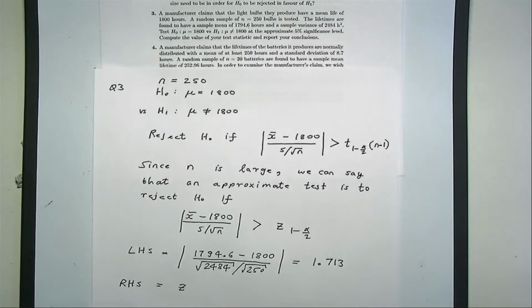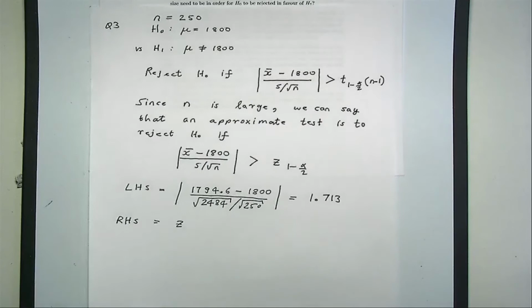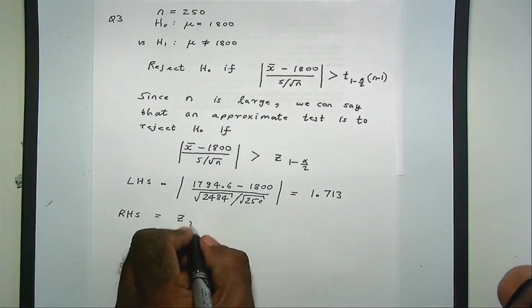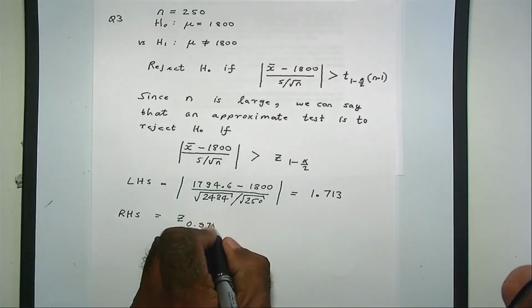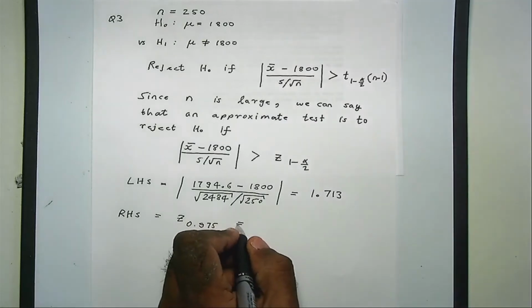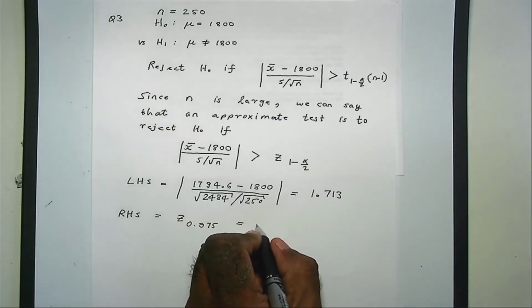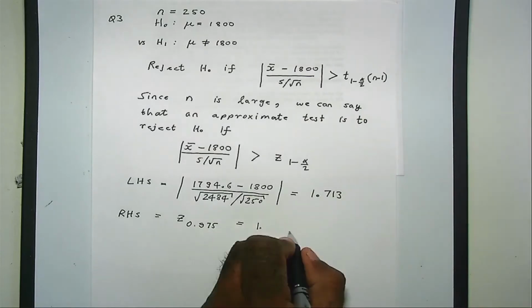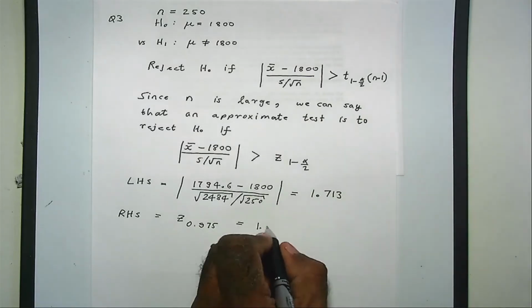The right-hand side is z. Alpha is 5%, so alpha over 2 gives 0.975. If you read that off the table, it will be 1.96.